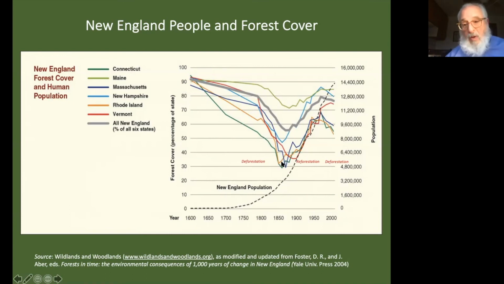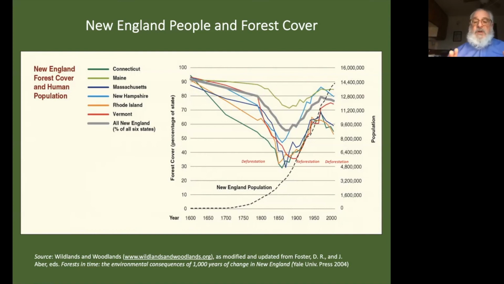And then lo and behold, when the clearing of land for agricultural purposes and the sheep, which occurred between 1800 and 1850, stopped, the farms were abandoned, the white pines regrew, and so on, just as I said before. And you can see that there was a period of reforestation between 1850 and 1950. And of course, we have some deforestation after that in the post-World War II baby boom and so on.